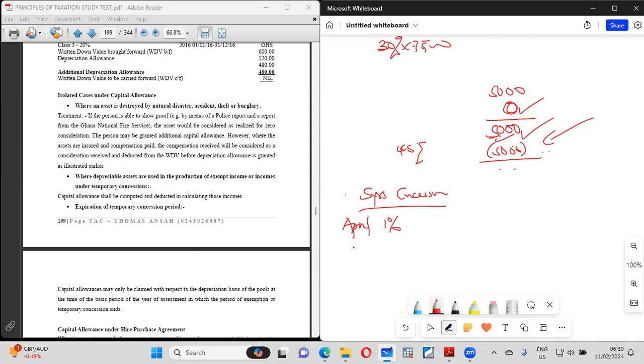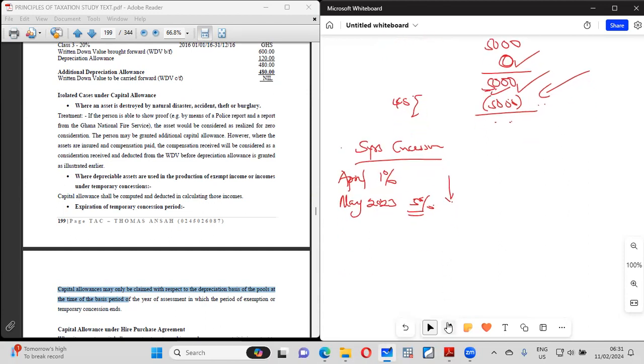From May 2023 coming, the concessional rate has been increased to 5%. So for all the concessions, it's 5% now. So this is an old kind of provision that existed. So this one, you utilize your capital allowance.